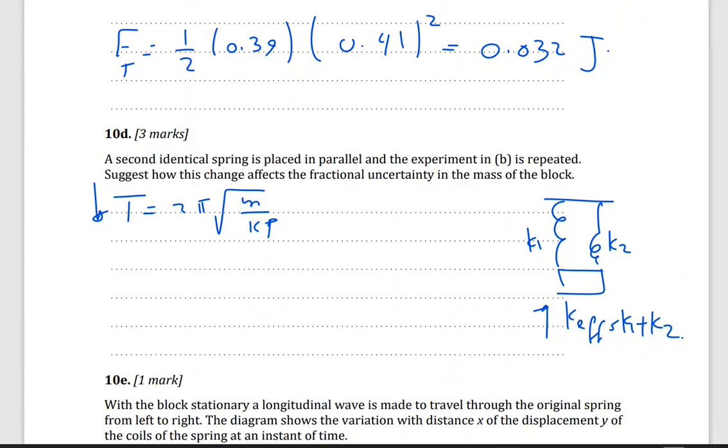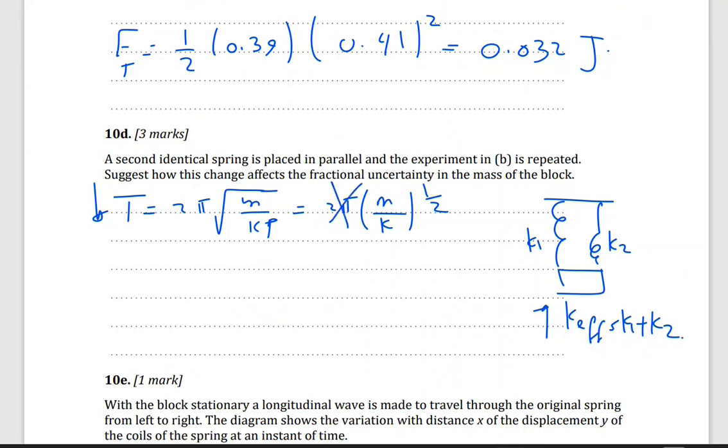Now we need to write a formula for this. To write the formula, this is a power, so I can write it as 2 pi times (m over k) to the power half. So for fractional uncertainty, when you have division, multiplication or power, you take the power out and you ignore the constant.